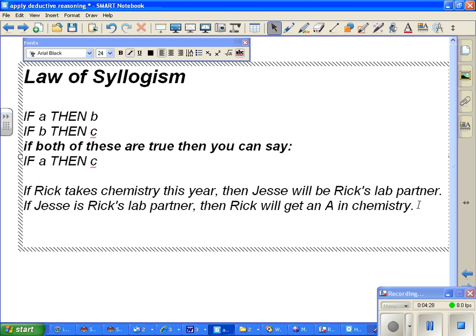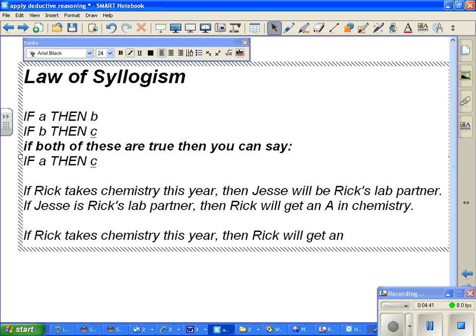Both of those are true, so we can assume if Rick takes chemistry this year, then Rick will get an A in chemistry.